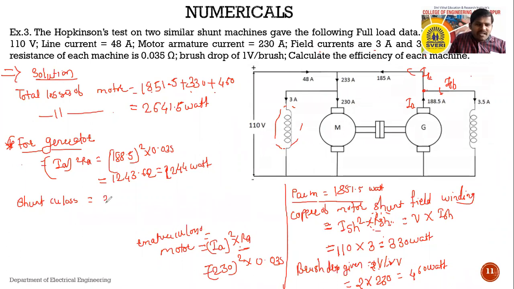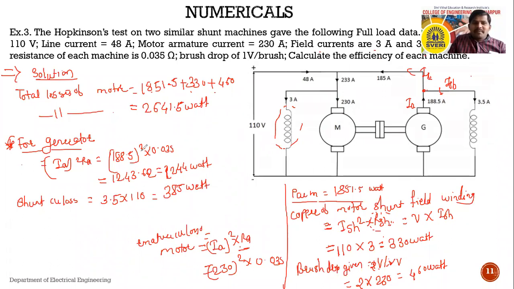The current flowing in the shunt field winding is 3.5 ampere, the resistance we don't know, so it is V divided by I, that is V into I, where V is 110. This is the shunt copper loss of the generator. Tell me, what do you get? 385 watt.